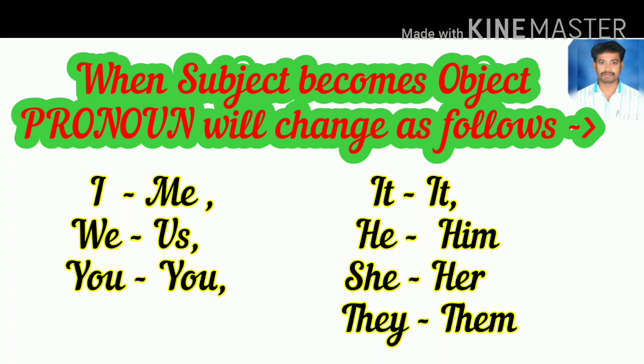Look at there. He changes into him. The first one, I change into me, we change into us, you change into you, it changes into it, he changes into him, she changes into her, they change into them. Like that we are going to change the pronoun.